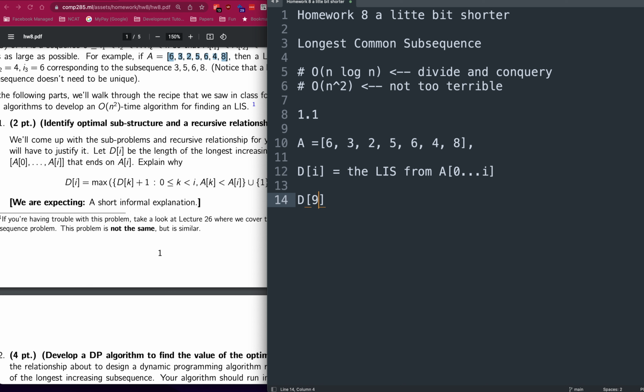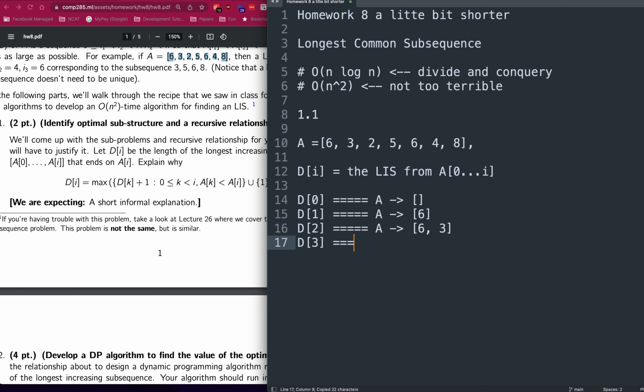So when you say D0, this corresponds to the array A being empty, right? D1 corresponds to the array given by just the value 6, right? D2 is saying, what is the longest increasing subsequence of 6, 3? And so on and so forth, right?